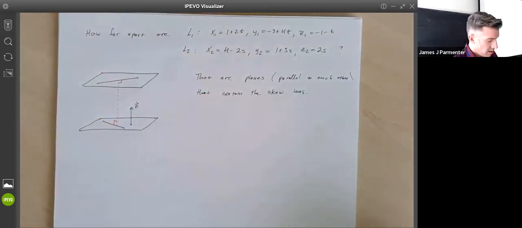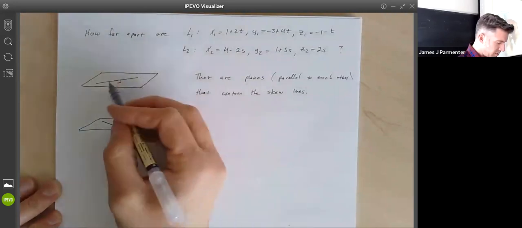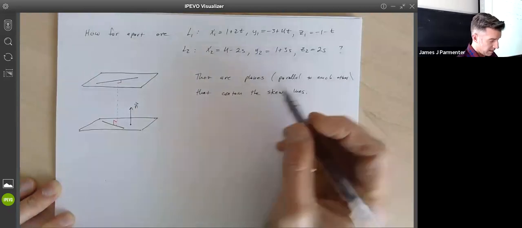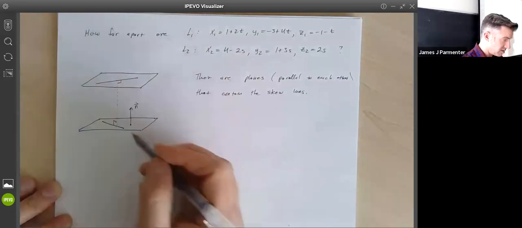Well, this normal vector is perpendicular to that line. It's also perpendicular to that line. So that means it's also perpendicular to the vector that goes in the direction of this line and the vector that goes in the direction of this line.